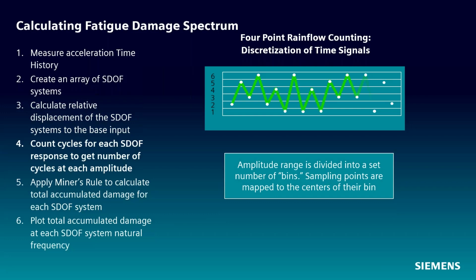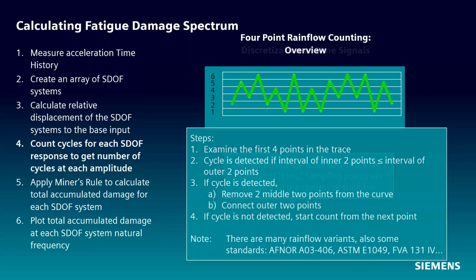So you can see how we've now moved those samples, and now we have discretized this time signal into a set number of bins, and you can see here the points that we moved a little bit to the center of that respective bin. Just makes it easier to store the data in the end, I suppose. That's correct. It makes it a little easier to apply kind of a blanket number of rules to determine what's a cycle and what's not.